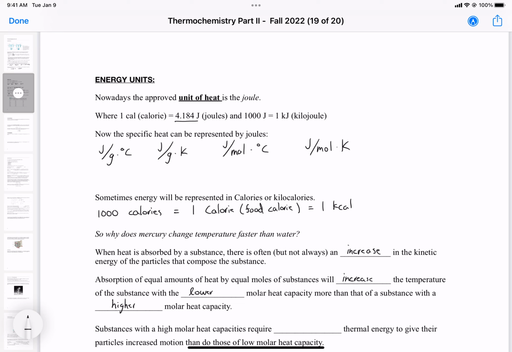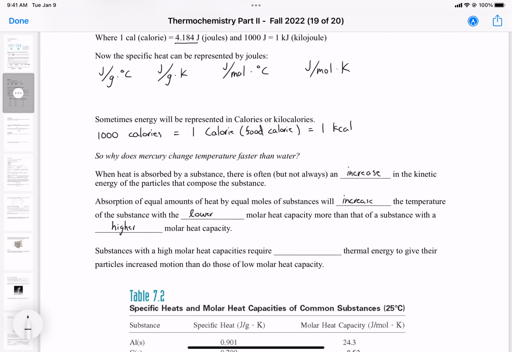All right, so let's move on here. We could say substances with high molar heat capacities require more thermal energy to give their particles increased motion, than those with a low molar heat capacity.